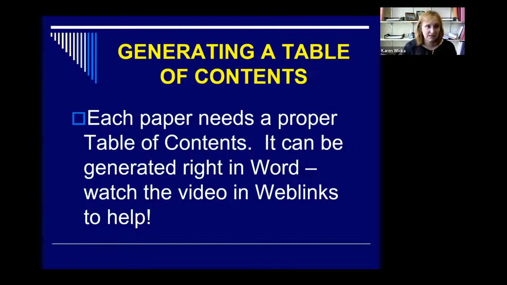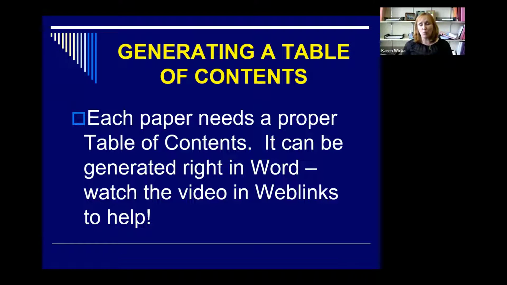Okay. So what I want to talk about real quick then is generating your table of contents. What I would highly suggest that you do is put the whole paper together first. Don't worry about your table of contents until the very, very end, and I'll show you why in a minute. So make sure for phase 9, you're just going together, cutting and pasting and merging everything together into your nice paper.